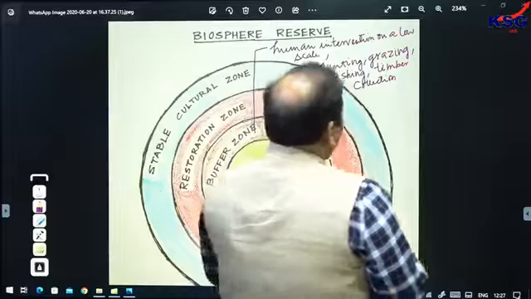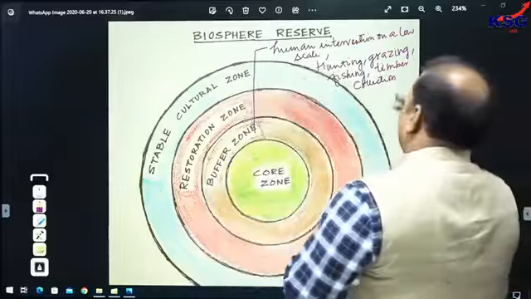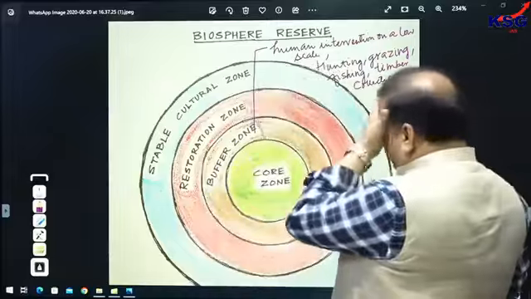Regulated in nature means they would be regulated by laws.